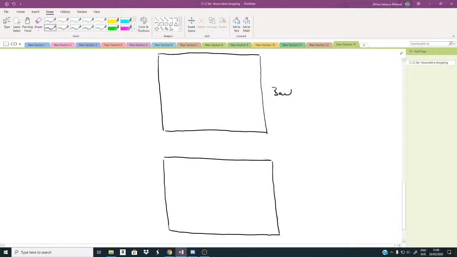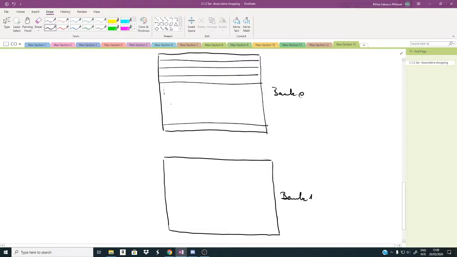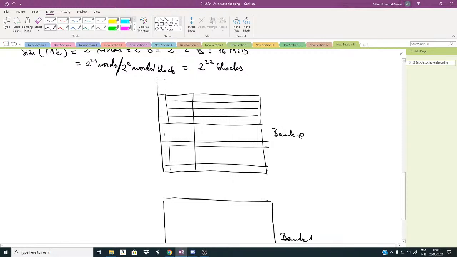So this is bank 0 and this is bank 1. You have a valid bit, tag, and the data, data, tag, and this is the valid bit.